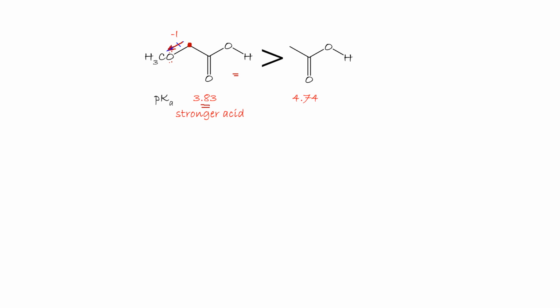That's why, with pKa 3.83, it is a stronger acid than acetic acid. Via induction, there is no mesomeric effect.